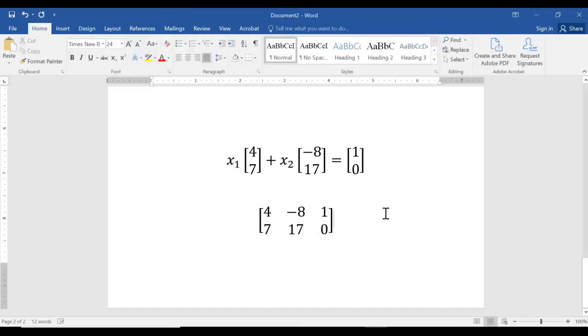There you go. That's the augmented matrix we'd use. And so if I ask you to solve this and find x1 and x2, we could solve this by row reducing that augmented matrix right there.